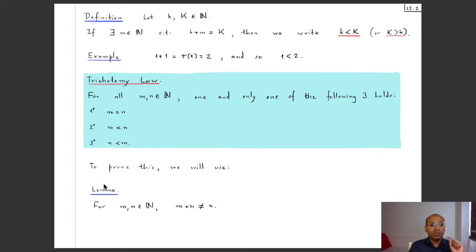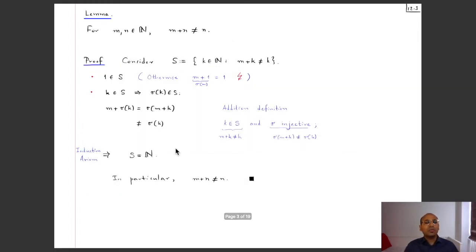And we will soon prove this, but to prove this we will use an auxiliary result, which we call a lemma, which says that if m and n are any two natural numbers and you add n to m, then the result can't be equal to n. So before proving the trichotomy law, we will prove this lemma, which says that if m and n are natural numbers, then m plus n is not equal to n.